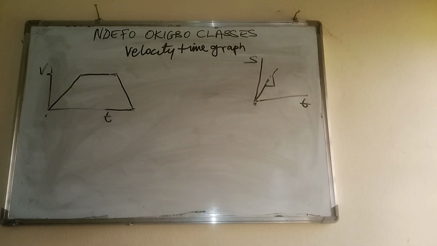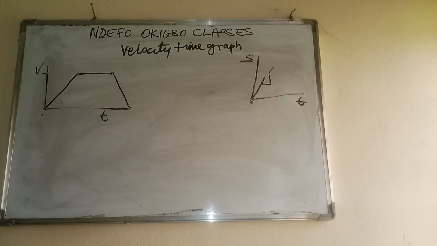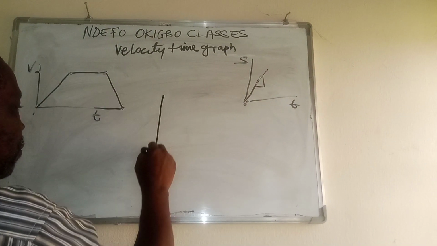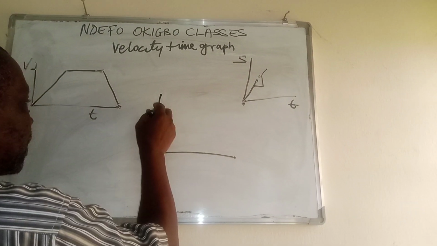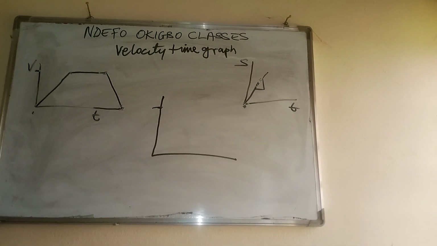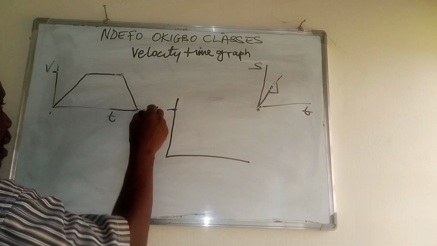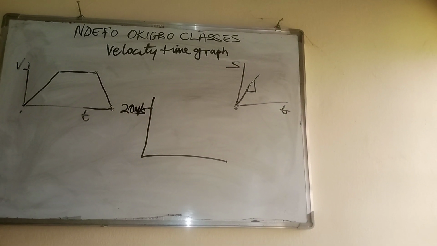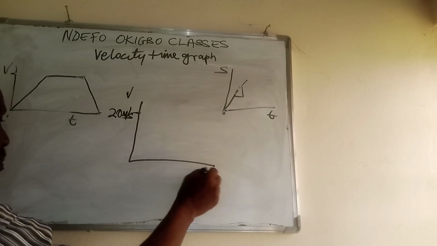It says a vehicle moves with a uniform velocity of 20 meters per second. So this is velocity, this is time.